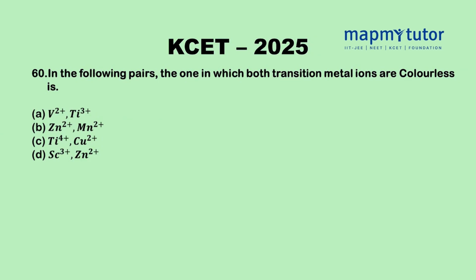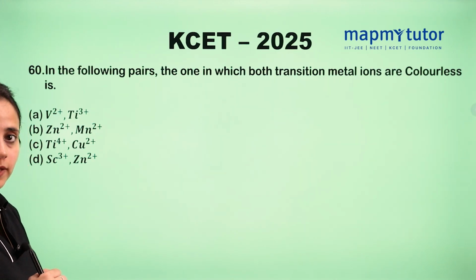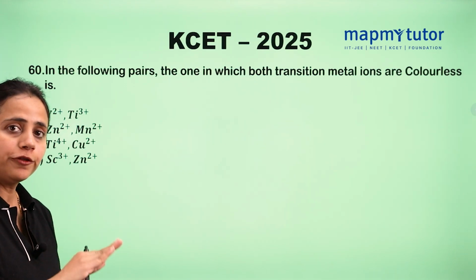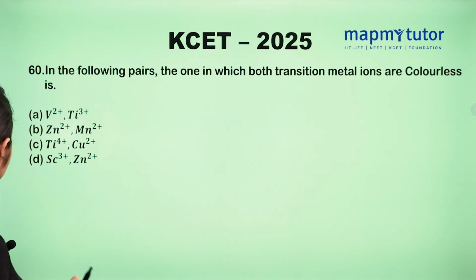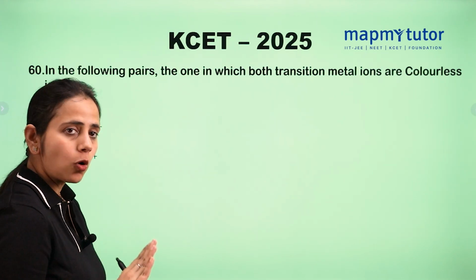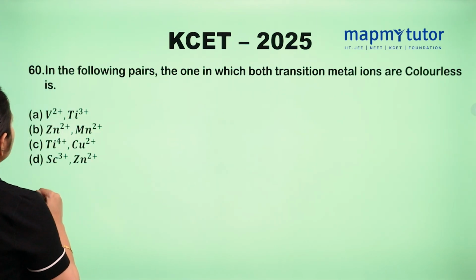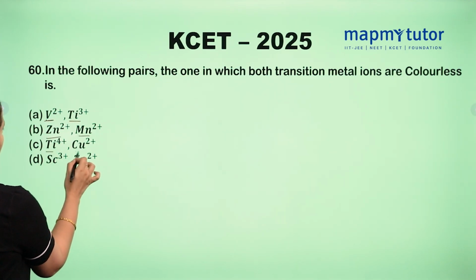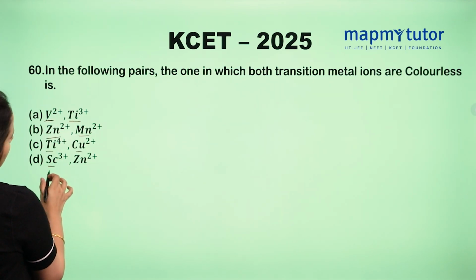In the following pairs, the one in which both transition metal ions are colorless is, see, which metal ions will be colorless? Where the electronic configuration is either fully filled or zero filled. So you must know the electronic configuration for all the transition metal ions. Here it is vanadium, titanium, zinc, manganese, titanium, copper, scandium and zinc.